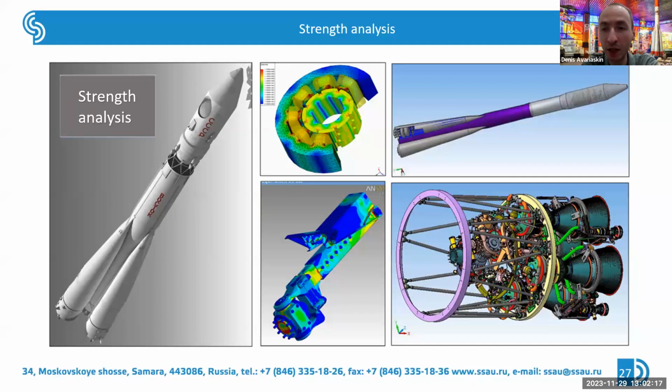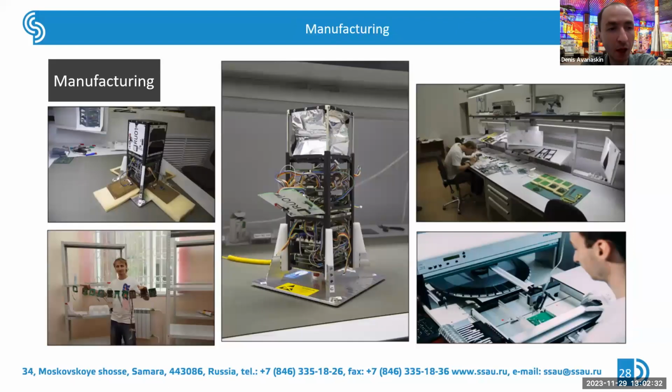So our satellite should survive these vibrations. Its structure should have a very good strength to survive the flight in the rocket. That's why we need to calculate it first.